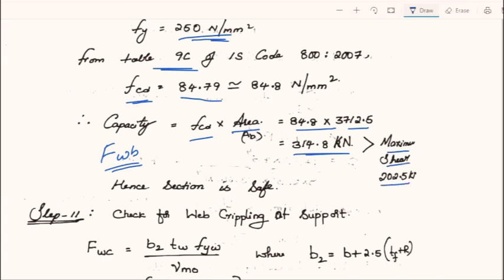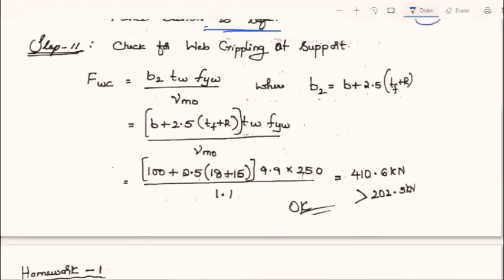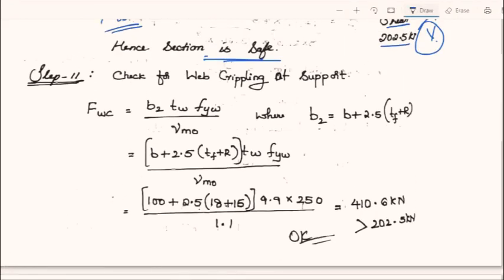So the capacity of the web is greater than the maximum shear developed in the beam, therefore it is safe. This is nothing but V. Now let us go into the last step, that is step 11.